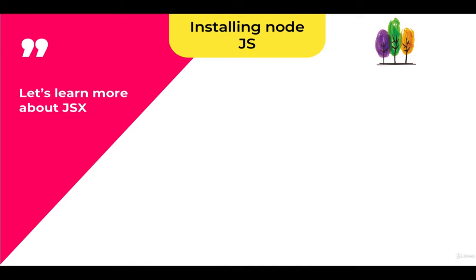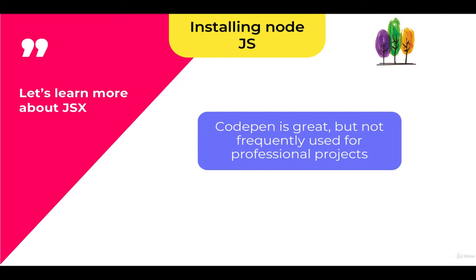So now in order to learn more about JSX, we're going to need to be able to write JSX in the first place. So earlier and so far, we have written a little bit of JSX over on CodePen, and CodePen is a terrific tool. However, my goal in this course overall is to make sure that you understand how to work on professional React projects.